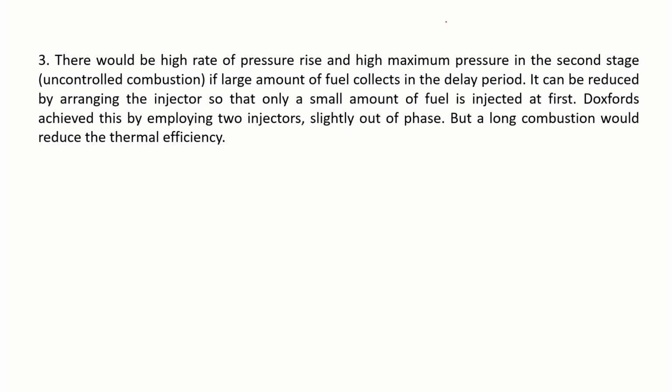That's where the common rail injection system comes in, atomizing the fuel at very high pressure, reducing the physical delay. We do not have much control over the chemical delay, but reducing a lot of the physical delay, we are reducing the ignition delay and trying to avoid the diesel knock.